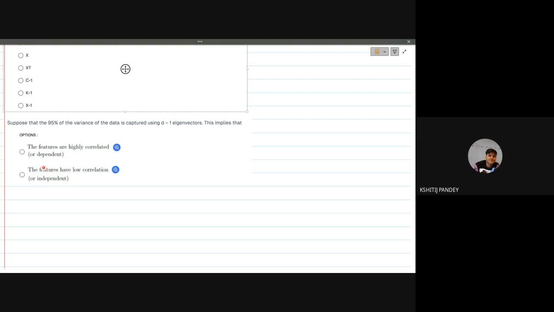If they are not correlated, we need more directions to capture the entire variance, correct? So if they are decorrelated, we need more eigenvectors, and in this case we need d minus 1. So this means we have highly decorrelated features. Yes, so B is correct.